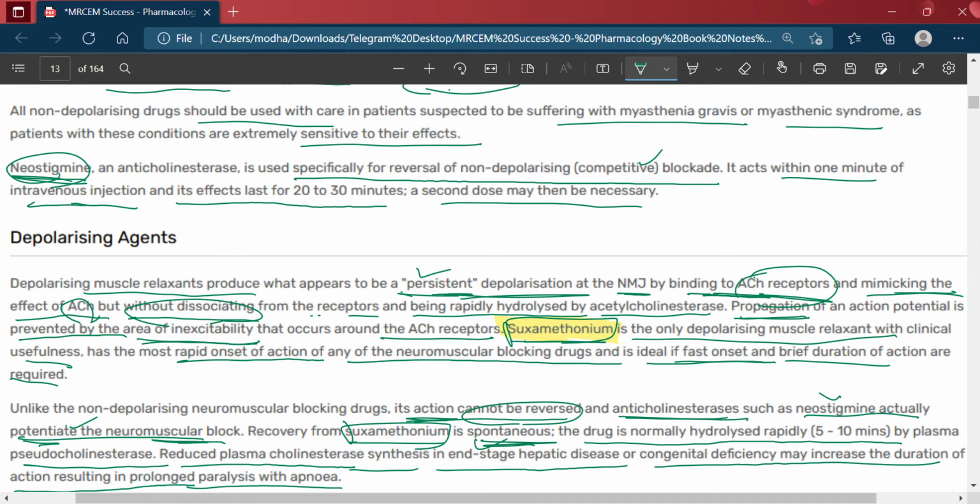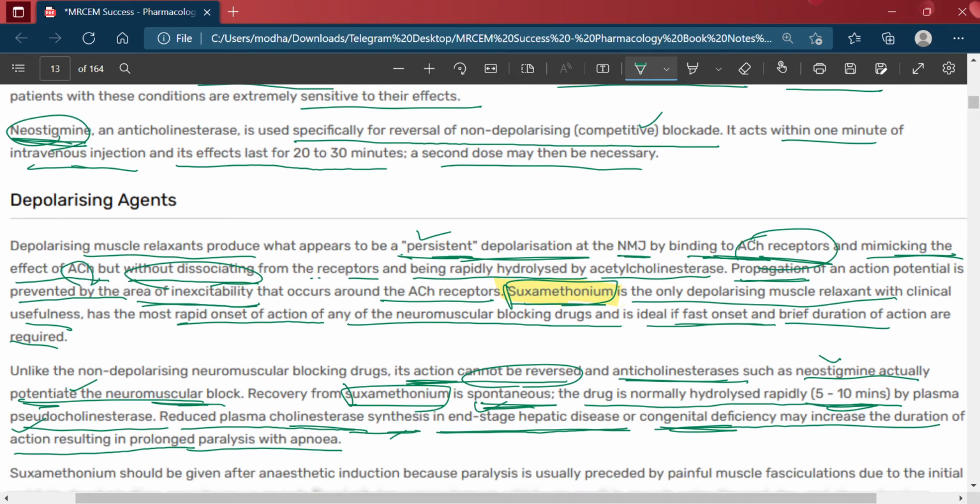The drug is normally hydrolyzed rapidly within 5 to 10 minutes by plasma pseudocholinesterase. Reduced plasma cholinesterase synthesis in end-stage hepatic disease or congenital deficiency may increase the duration of action.